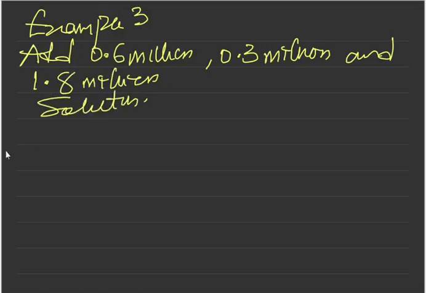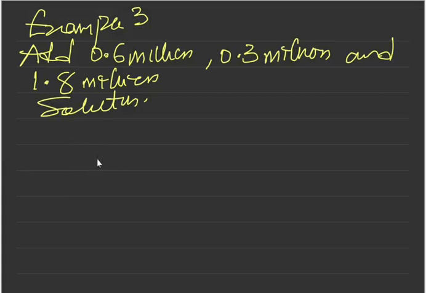Let's write it out one by one to know the meaning of 0.6 million, 0.3 million, and 1.8 million. In real life, you sometimes hear in the newspaper that the federal government released 0.6 million in a budget.